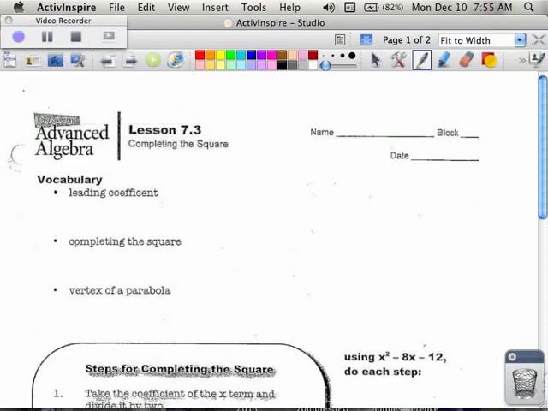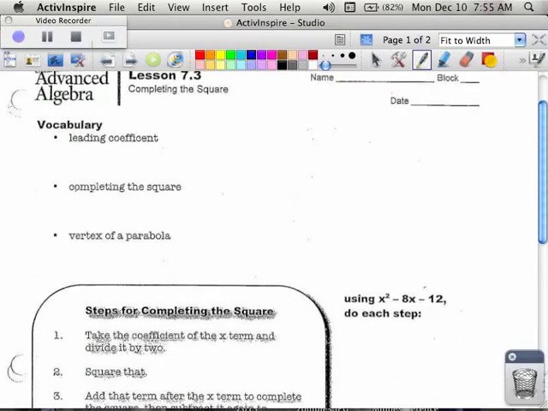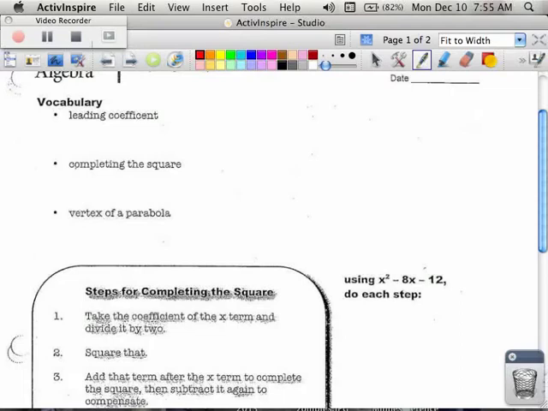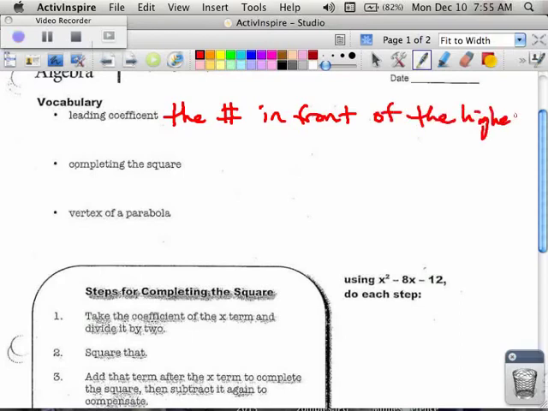All right, today we're going to talk about completing the square. And there's some important vocabulary you need to know to be successful with it. The first phrase is the leading coefficient. For us, that's the number in front of the highest powered variable.